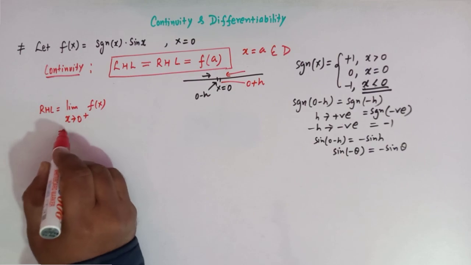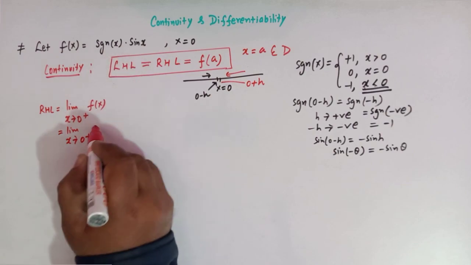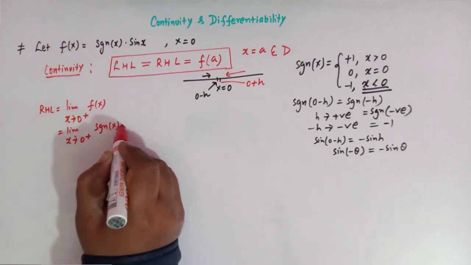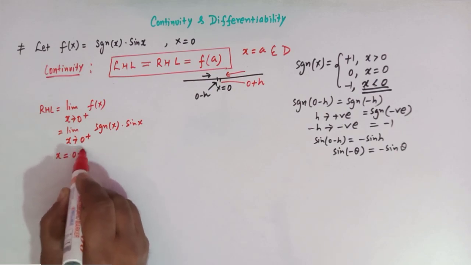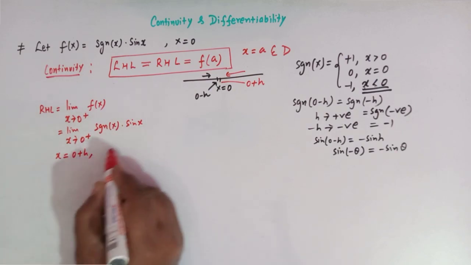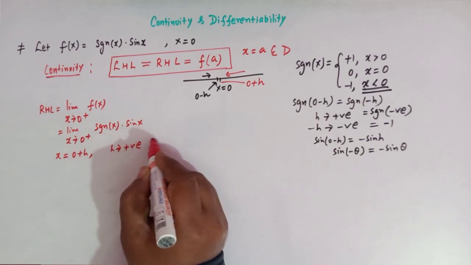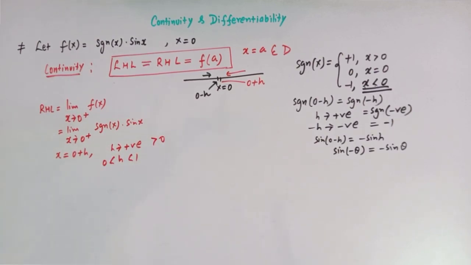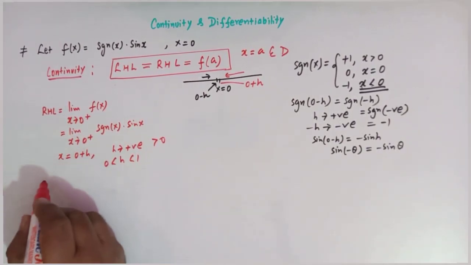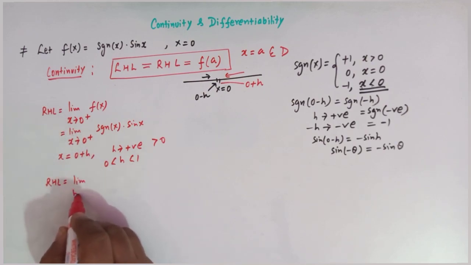So now here we can write limit x tends to 0 plus. For f of x we can write signum of x times sine of x, right? Now we'll take x equal to 0 plus h, and again h is a positive quantity, greater than 0, and h lies between 0 and 1. So the right hand limit can now be written as limit h tends to 0.